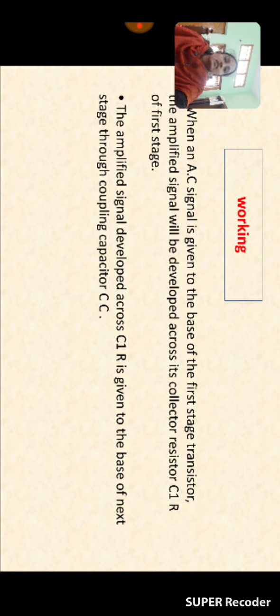When an AC signal is given to the base of the first stage transistor, the amplified signal will be developed across its collector of the first stage. And this amplified signal developed across the resistor RC1 is given to the base of the next stage through the coupling capacitor CC.